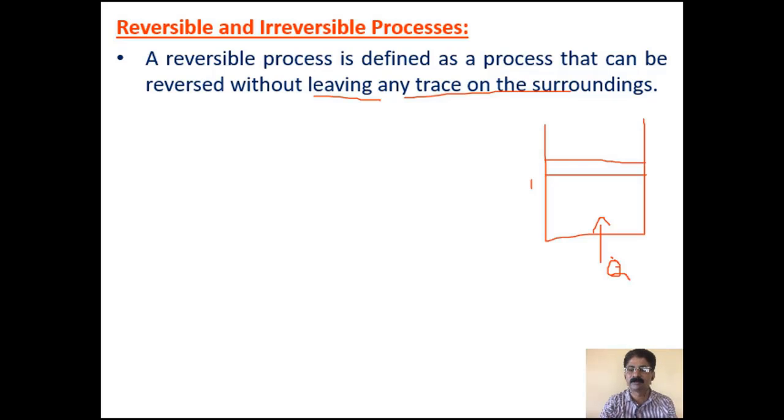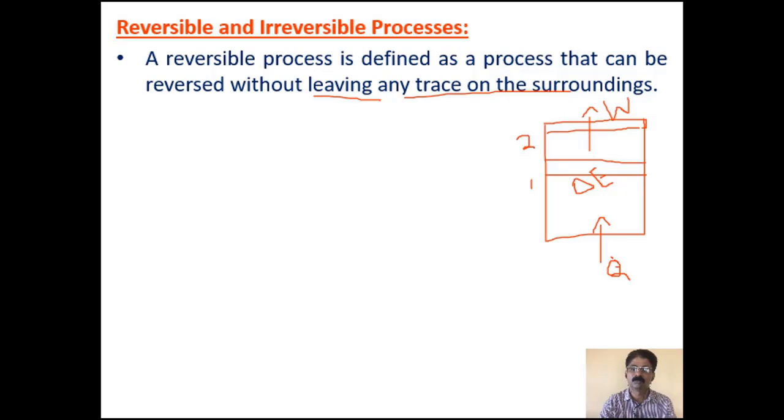The piston is flexible to move, so maybe the piston is displaced to this level, doing some work, to a new state called 2. During this movement of the piston, some work is done on the surroundings by the system. Here Q will not usually be equal to W, so the difference amount will be stored in the working substance as internal energy.